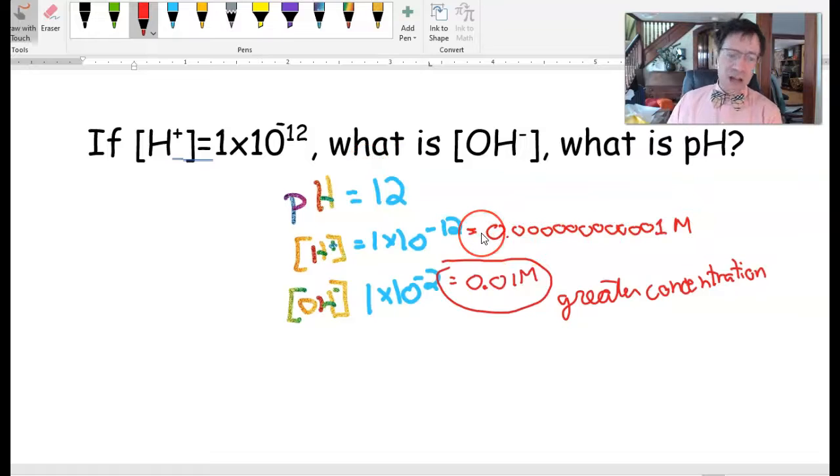That means that the hydrogen ions are so small compared to the hydroxide. Do you guys get what I'm saying? So if you have a very large pH, it's very alkaline. It's not acidic at all. It's way stronger on the alkaline side, or basic. You guys follow?